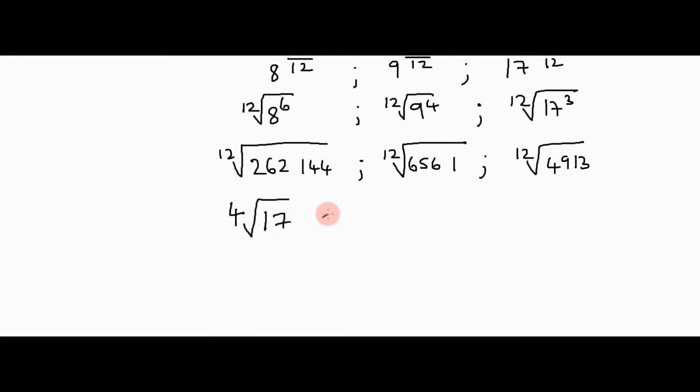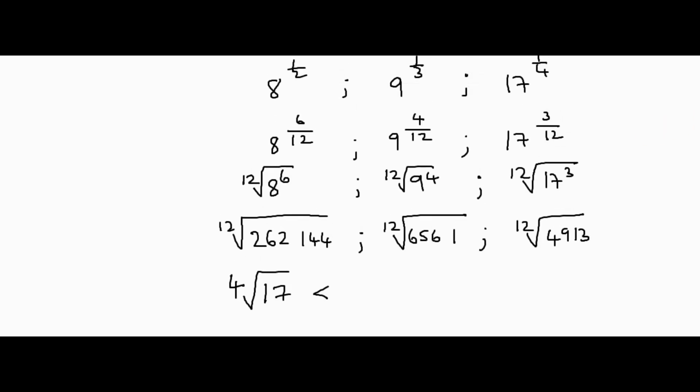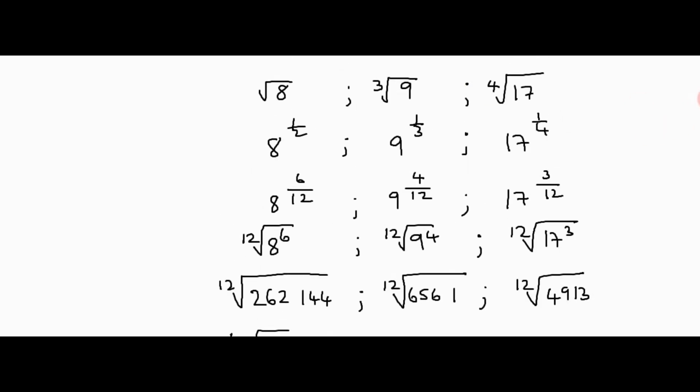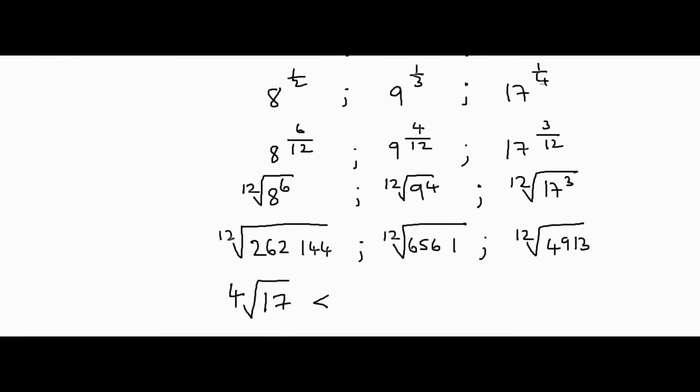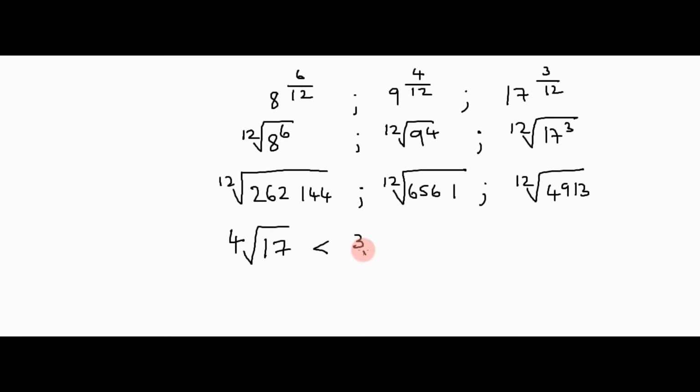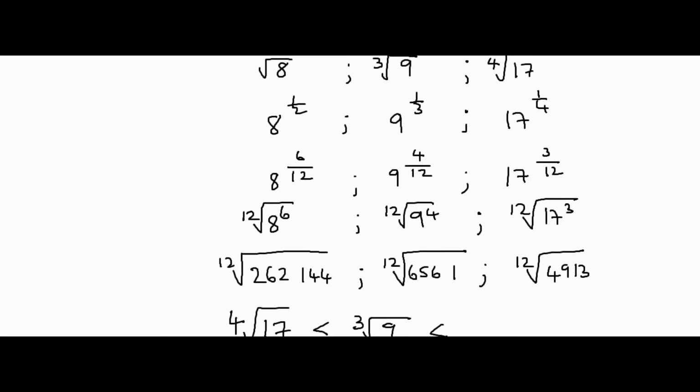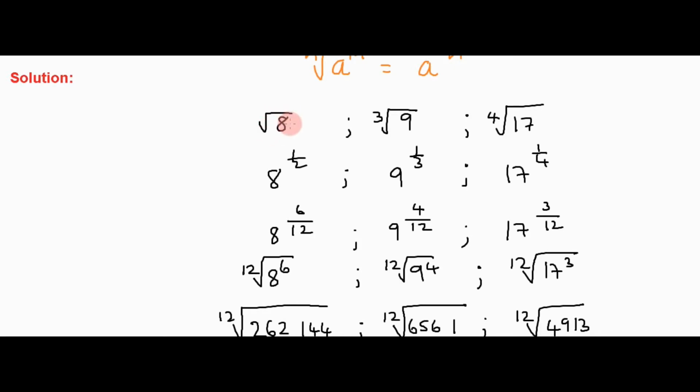That's going to be less than the next smallest number, 6561 under the surd, and that came from the cube root of 9. So the cube root of 9 is the next smallest, and of course the largest number under the 12th root is 262144, and that came from the square root of 8.